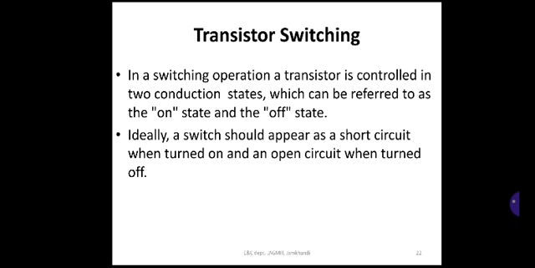An ideal switch should appear as a short circuit when it is turned on, meaning current flows through the device, and as an open circuit when it is turned off, where there is no current flow.